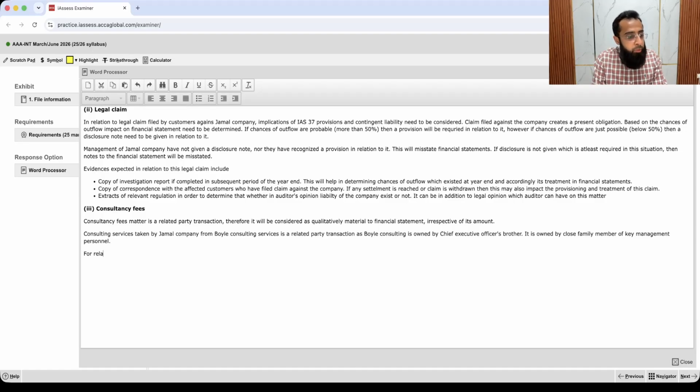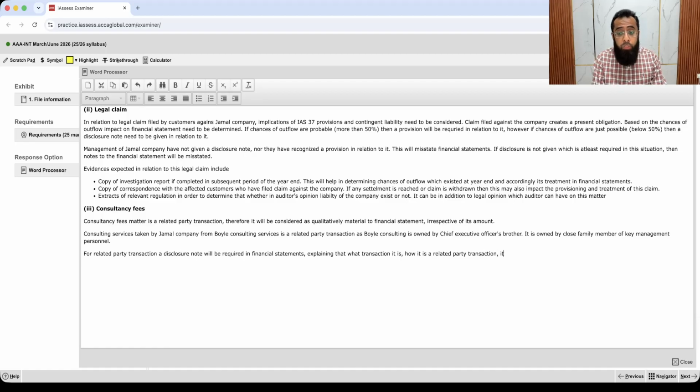For a related party transaction, a disclosure note will be required in the financial statements explaining what the transaction is, how it is a related party transaction, its amount of $500,000, and the fact that it is being done on a non-arm's length basis.